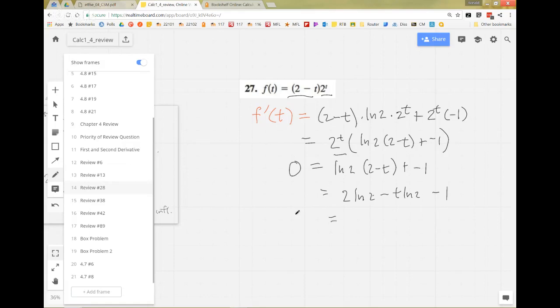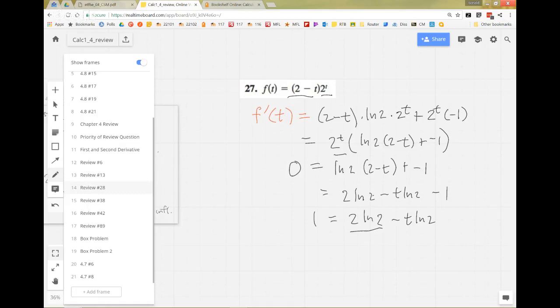Okay, so if we add 1 to both sides, natural log of 2, so this is just a constant here, whatever that is, minus t times the natural log of 2. So this we could, let's just do that on our calculator.